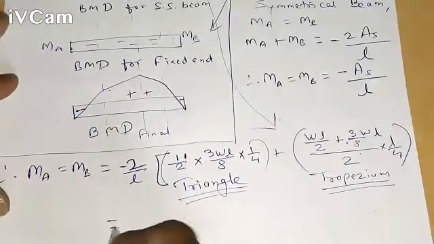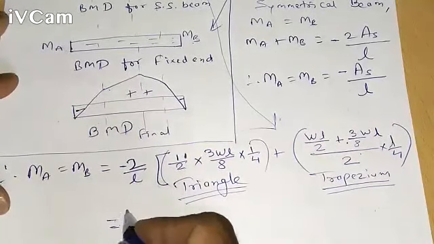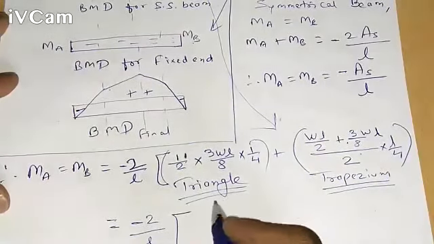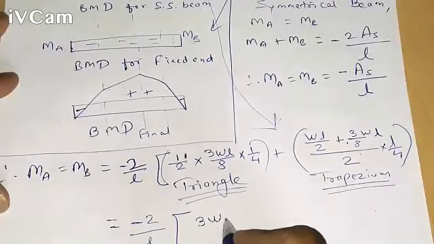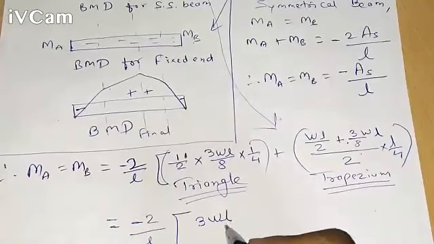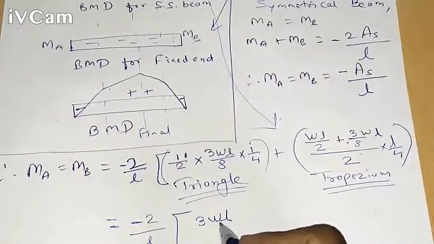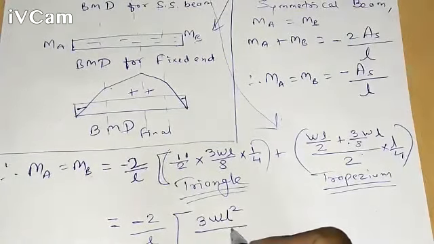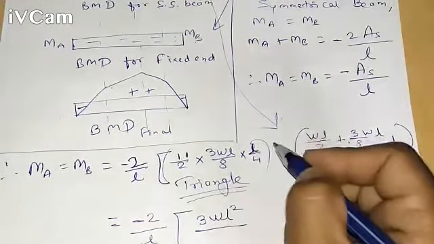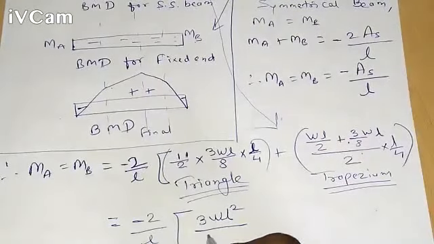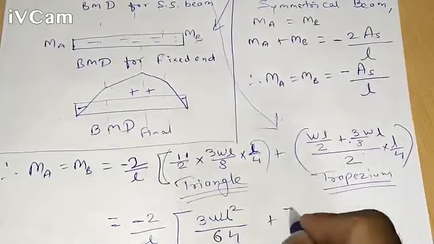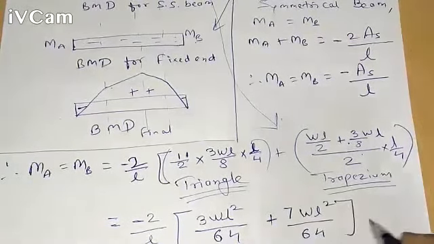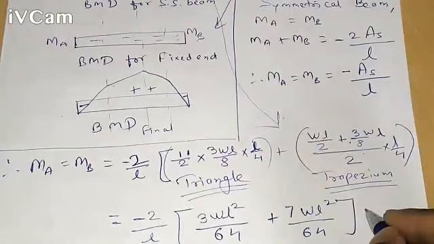And if we solve this, we will get minus 2 by L into 3 times W L square divided by 64 plus 7 into W L square divided by 64, and this will give you the final value.